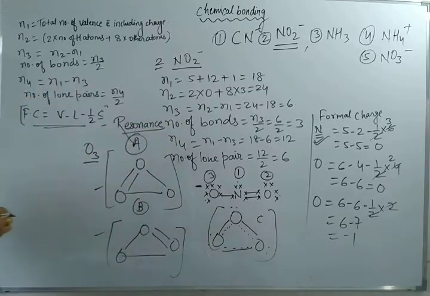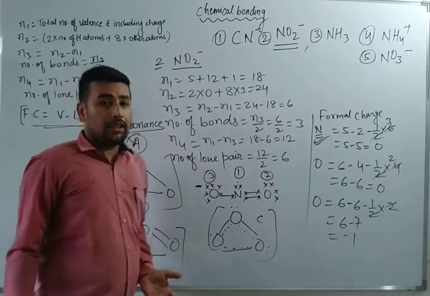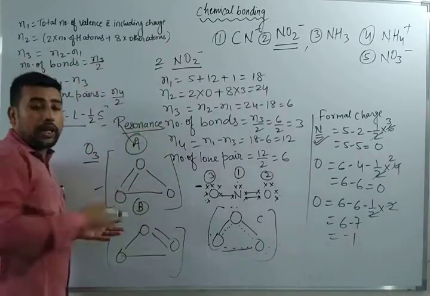What is the meaning of resonance? The meaning of resonance is the number of possible structures. That is called resonance. What is this called? Number of possible structures. Don't think about the institute name Resonance.